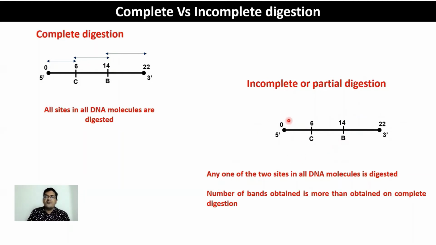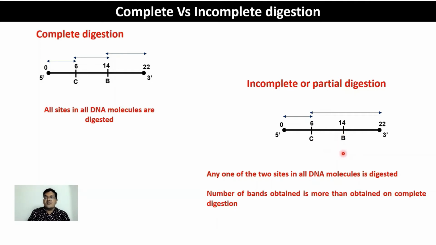So if the cut is on C alone and not on B, then in that case, the fragments you obtain are 6 kilobases, 6 minus 0. And then the other fragment that you obtain is 22 minus 6, that is 16 here, right? If the cut is happening only at B, not because you have given only B, but because you have given C plus B, but you're not giving enough time for the reaction to go through.